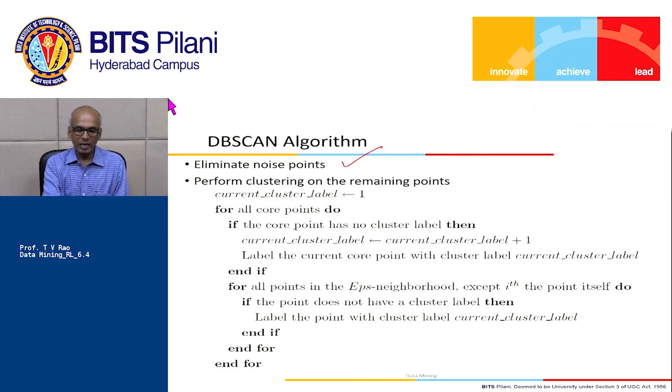Otherwise, it creates a cluster with this core point and assigns the cluster label to that core point. And whenever a cluster is created with a core point, all the points within the epsilon neighborhood of this core point are assigned to the cluster that is created. We continue this until no core point is left without a cluster label.